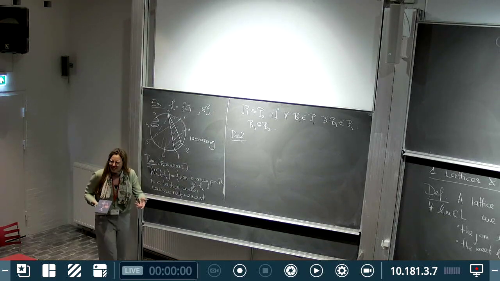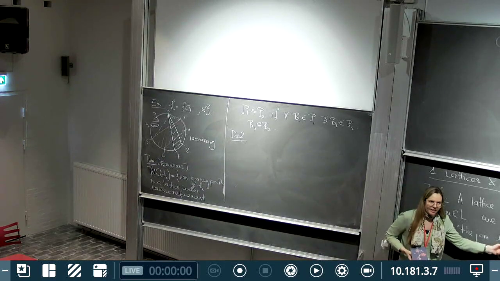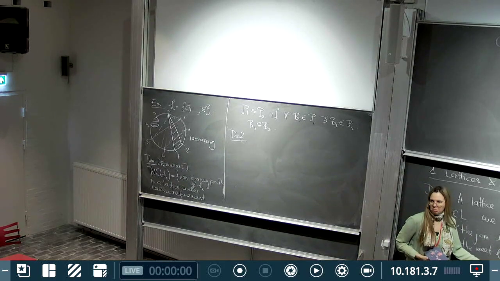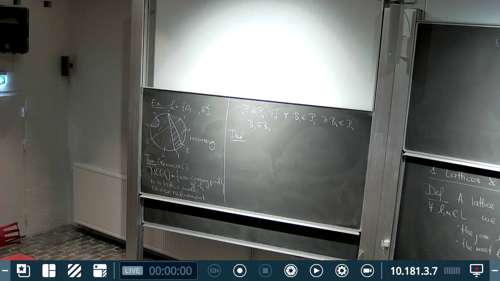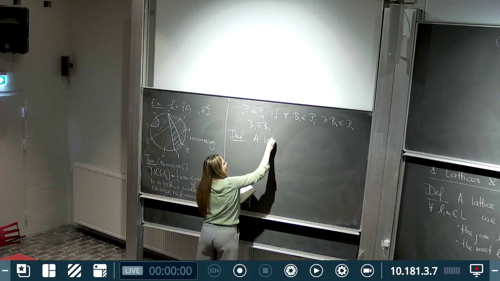But of course, that also means it has all finite non-empty joins and all finite non-empty meets, because we can just iterate this. However, you might not have empty joins and empty meets, and you might not have bigger joins and bigger meets.